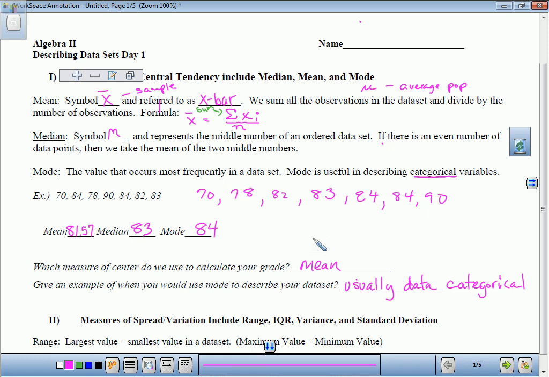So a lot of times when you look at data, and you guys might do this when you're choosing a place to live, you might look at the median household income. And so that would describe what the middle person in that area would look like. Okay? And so sometimes the median isn't affected by those really high or really low values.